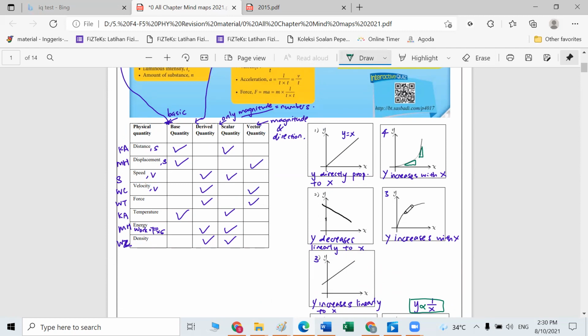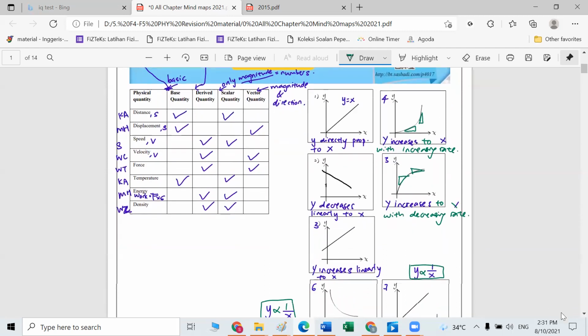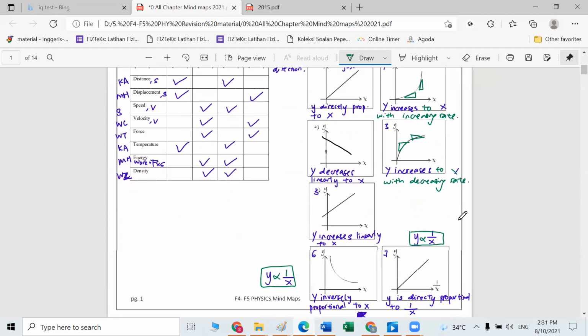The gradient increases. Then this one, look at the gradient. The gradient decreases. So y increases with x with increasing rate, and y increases with x with decreasing rate.